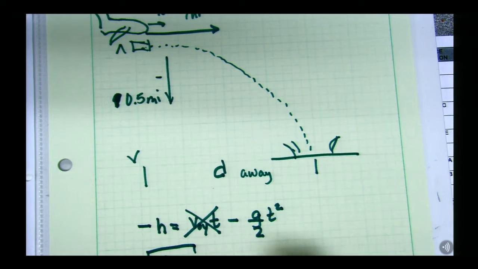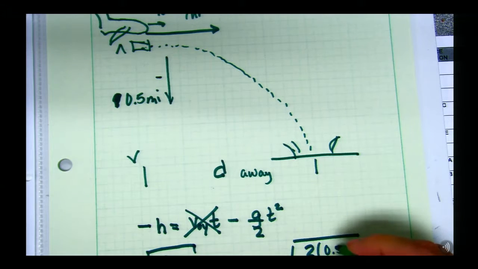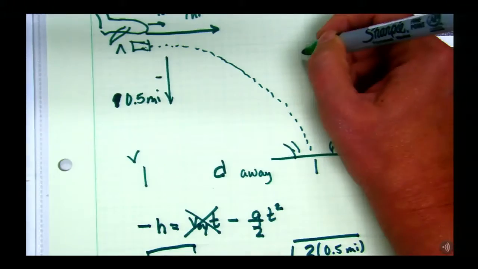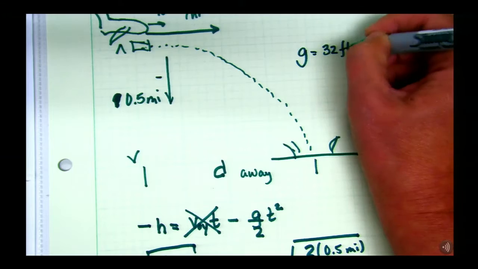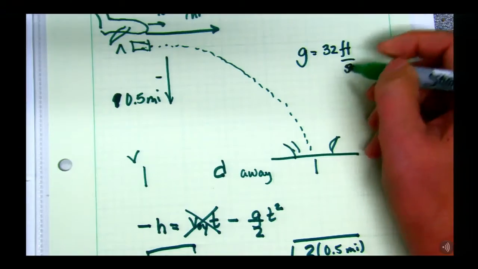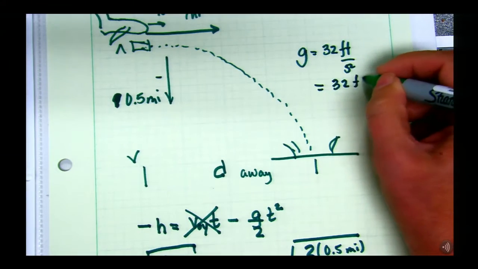So if I do this, I'm going to get 2 times 0.5 miles. Oops, my g is 32 feet per second squared. If I'm going to work this in miles, I'm going to have to put this in miles.